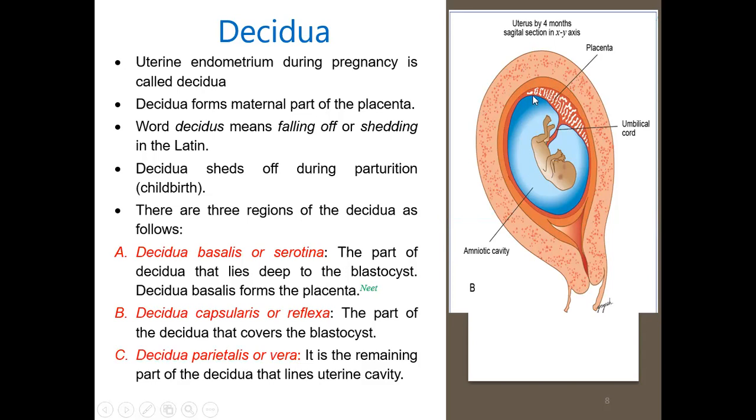So the whole of the uterine cavity will be forming the decidua parietalis. Later on, as the embryo grows, this decidua capsularis will fuse with the decidua parietalis or vera. So decidua parietalis lines the uterine cavity. And from capsule you can remember that it will enclose the embryo.